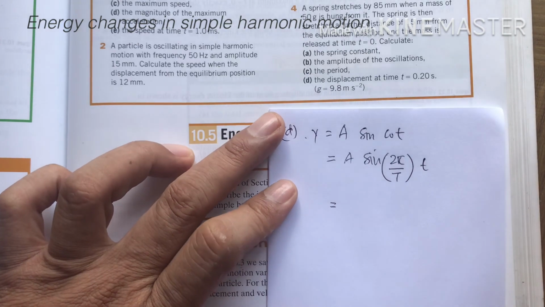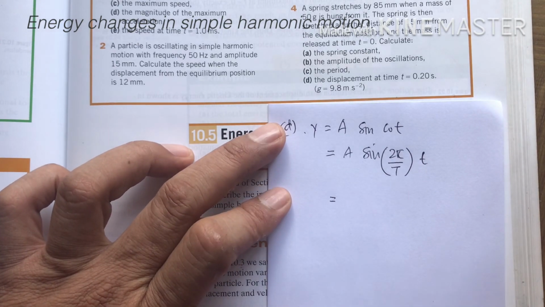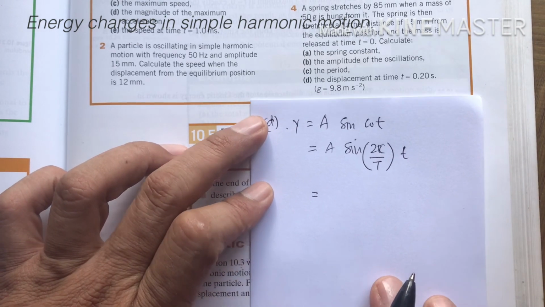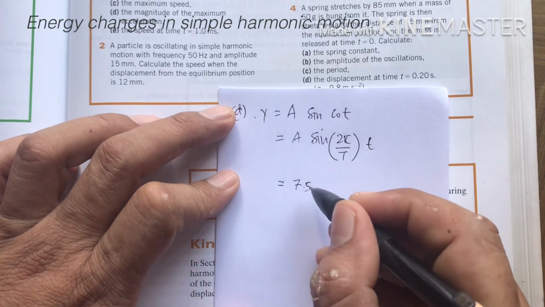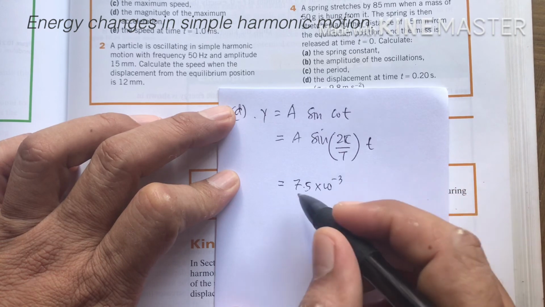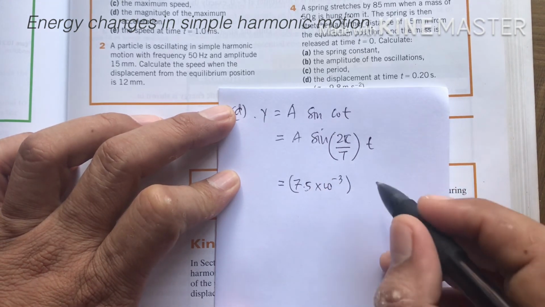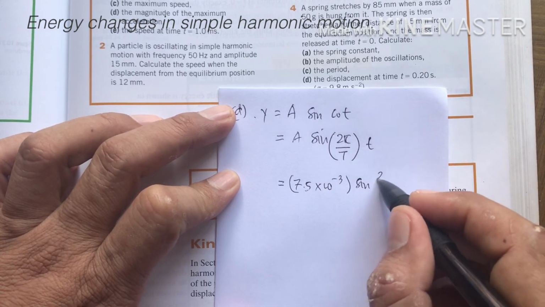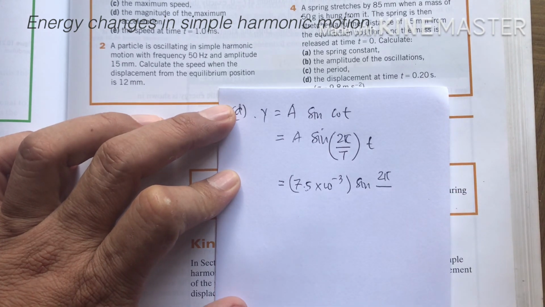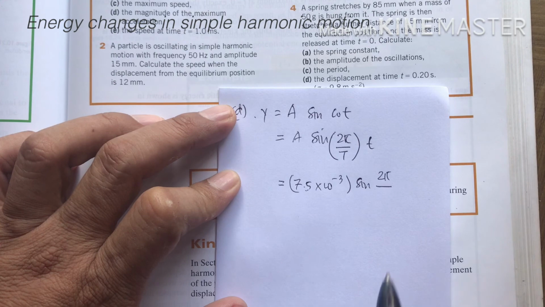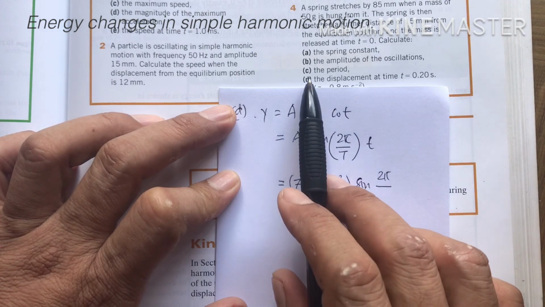So we have the amplitude here as 7.5 times 10 power minus 3, sine 2 pi t over T. The period T is from the C question.